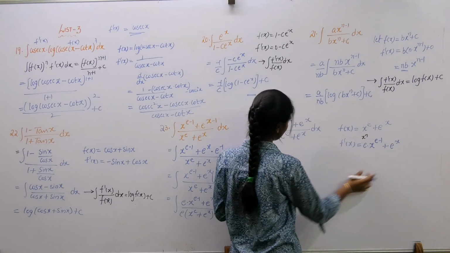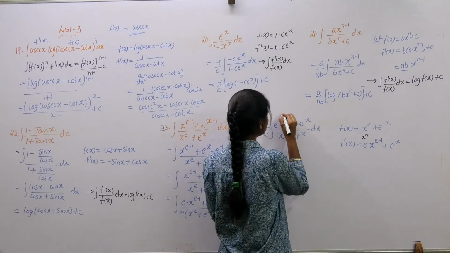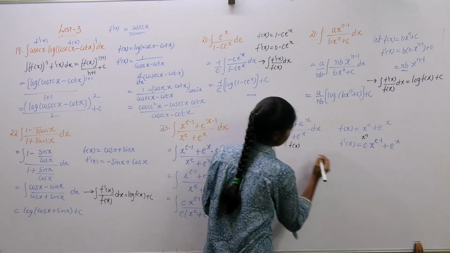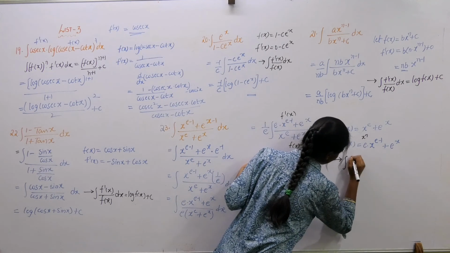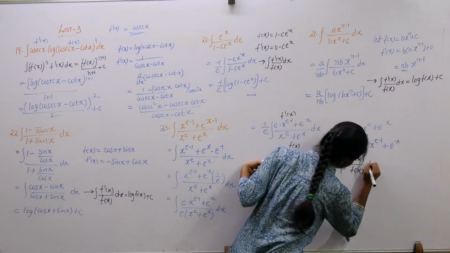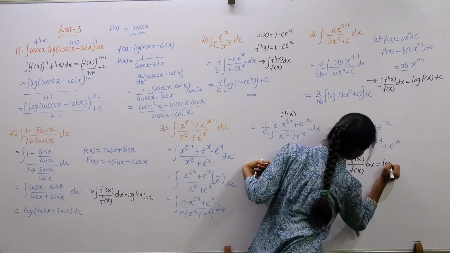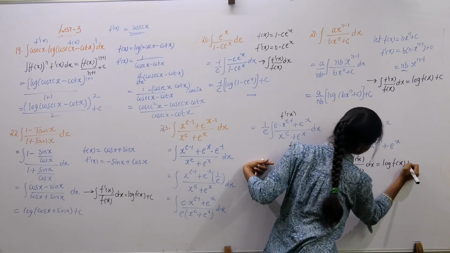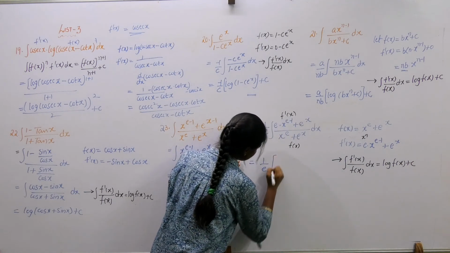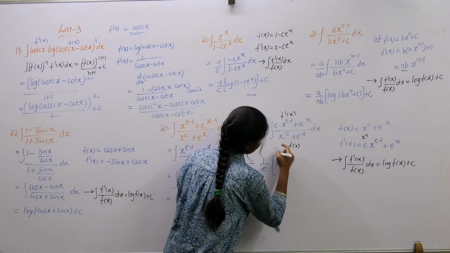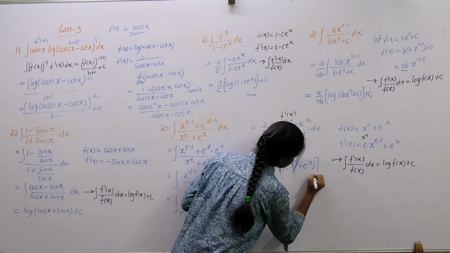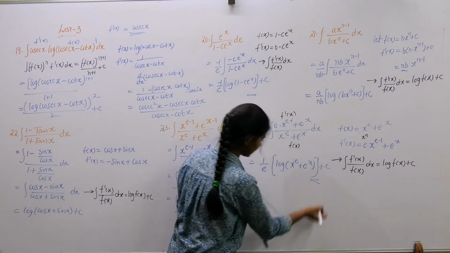So we have this value in the numerator. This is f dash of x and this is f of x. So this is in the form of integral f dash of x by f of x dx, which is equal to log of f of x plus c. It is equal to 1 by e into log of x power e plus e power x plus c. This is the final answer.